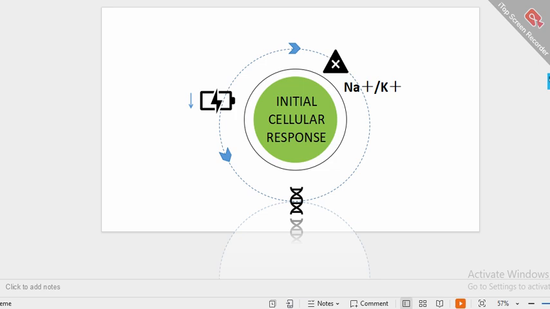But as soon as the stress intensity increases, it does not show proper functioning. The first and foremost function which is going to get disturbed in cell injury is decreased ATP production.